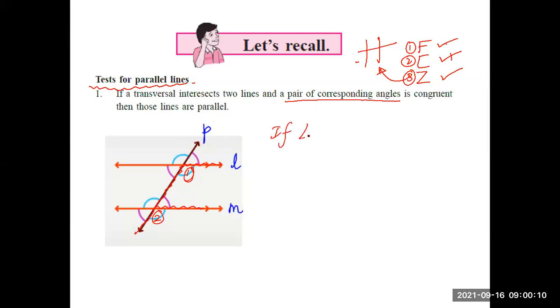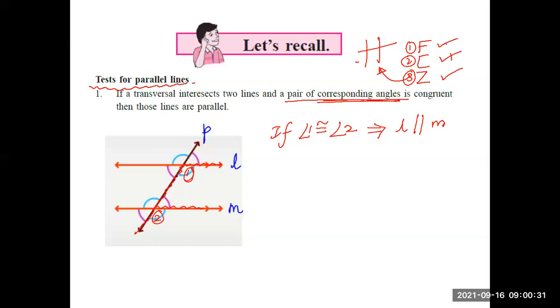If we are given that angle 1 is congruent to angle 2, then we can say that line L is parallel to line M. So this is how we can prove that two lines are parallel. If the corresponding angles are equal, then the lines are parallel.